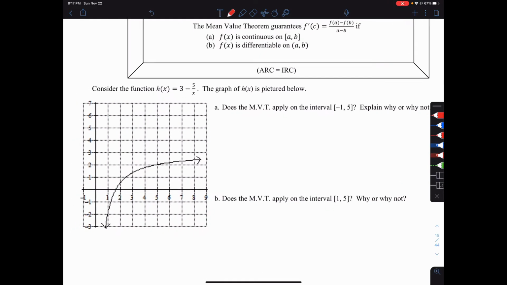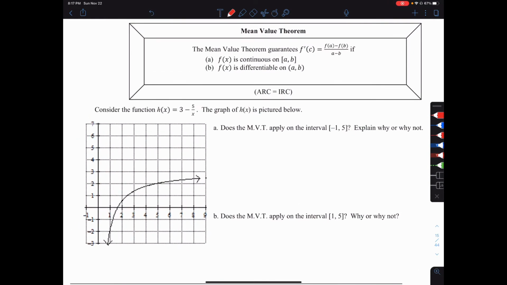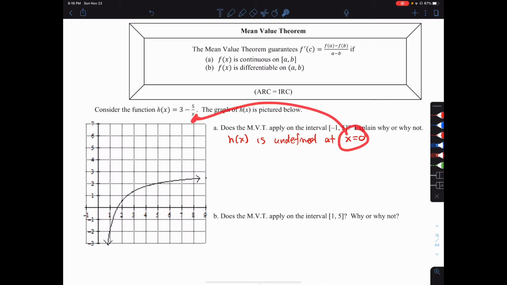Well, in order for this to apply, it has to be continuous. But I think that we would agree that h of x is undefined at x equals 0. Because if x was 0, this function would be 5 divided by 0, which is undefined.